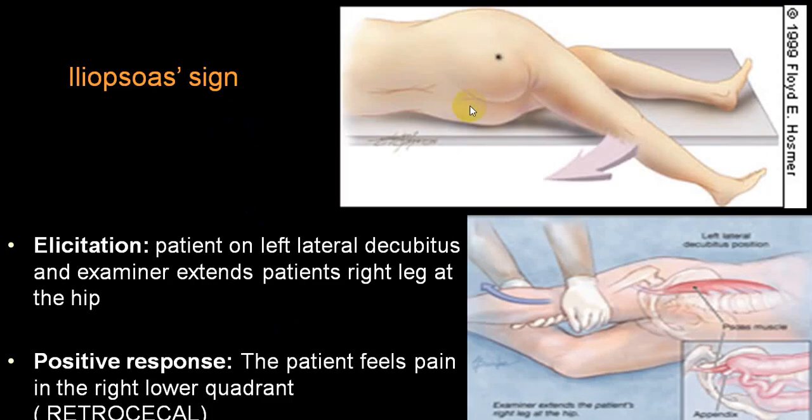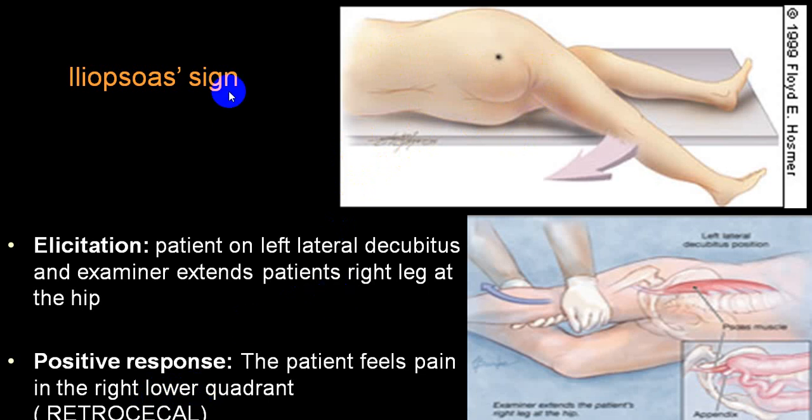The iliopsoas sign is what we call hyperextension. In the left lateral decubitus position, you ask the person to hyperextend the right lower limb, and when you do the hyperextension, there is a stretching of the muscle, which stretches the iliopsoas muscle. If you have a retrocecal appendix, the person will complain of pain.